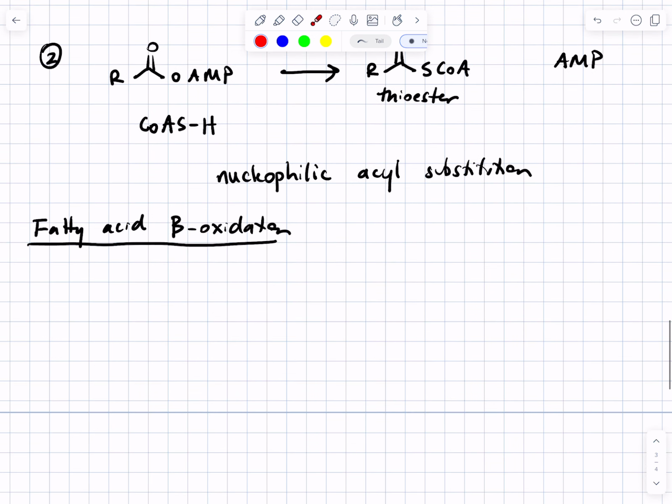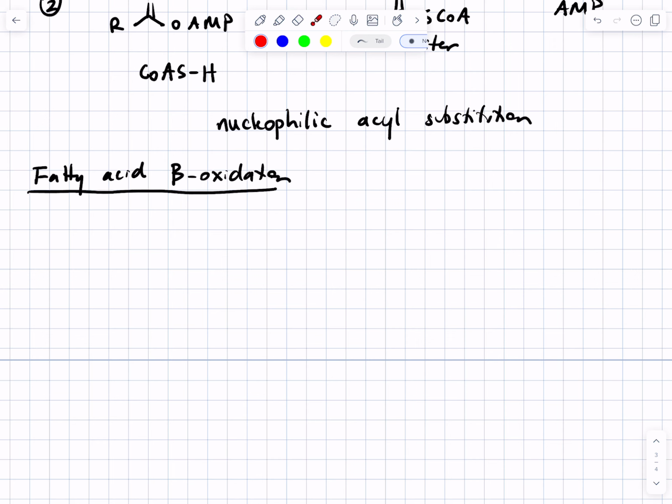Okay, so what we'll do now for fatty acid beta oxidation, and maybe I'll restart here with step 1, repeats, and you only need one fatty acid to get the process started. Again, I'm going to draw a couple of carbons in the fatty acyl thioester.